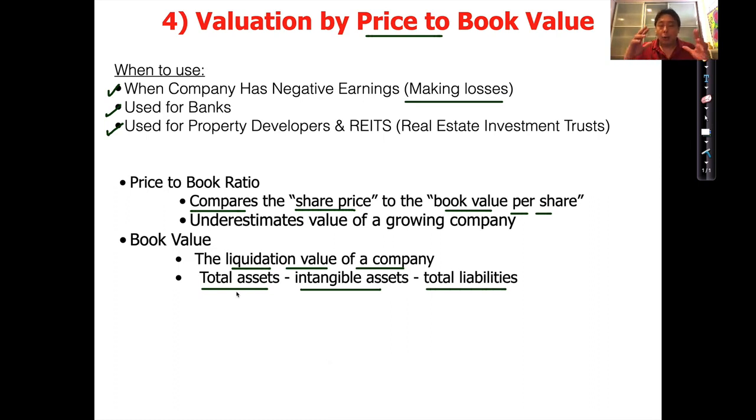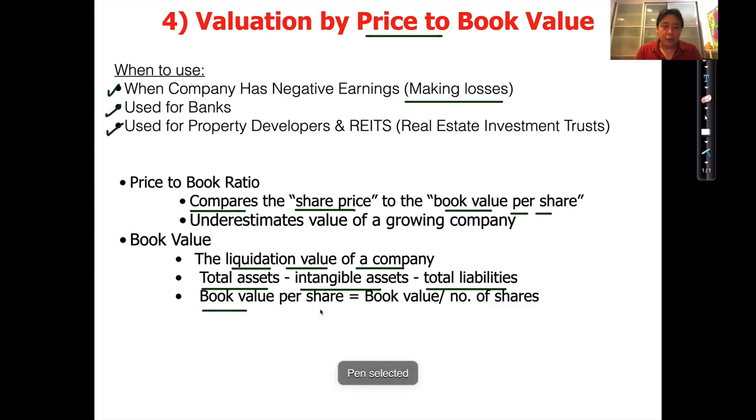Now, when you take the book value of the whole company and divide it by the total number of shares, what happens? You get the book value per share. Okay, which means every share you own, what's left behind for a shareholder. That's what it means. So we want to compare the share price to the book value per share.